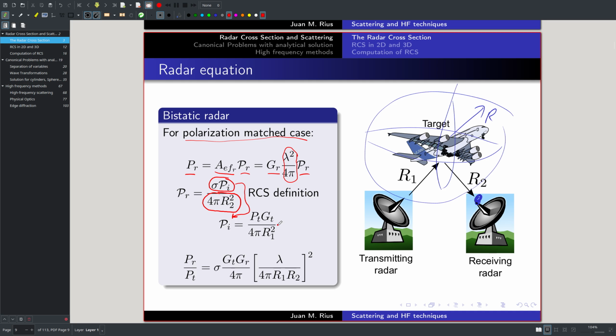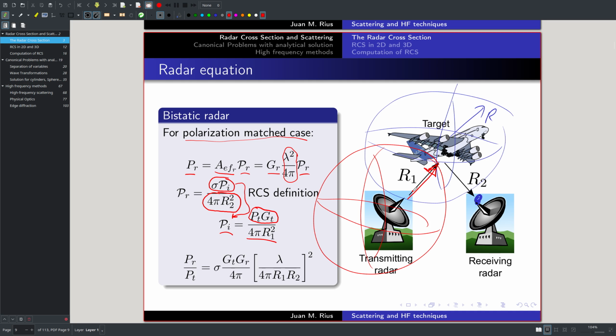From the definition of gain or directivity of the transmitting antenna, we know that the power density radiated by the transmitting antenna, which is equal to the power density incident on the target, is the total radiated power times the directivity or gain in the case of losses of the transmitting antenna over 4 pi r1 squared, where r1 is the distance from the transmitting antenna to the target, and 4 pi r1 squared is the surface of the spherical wavefront.